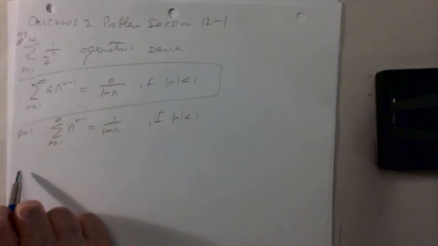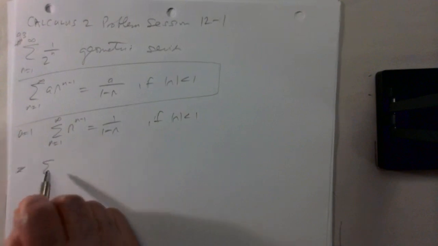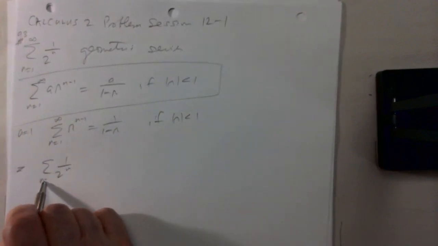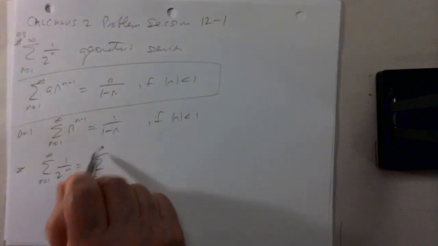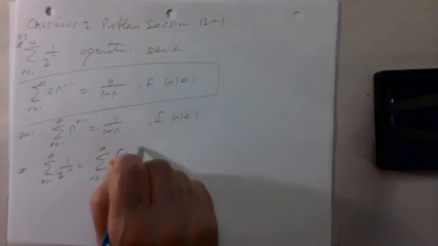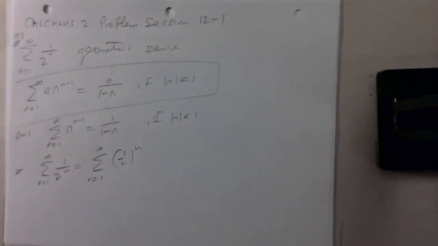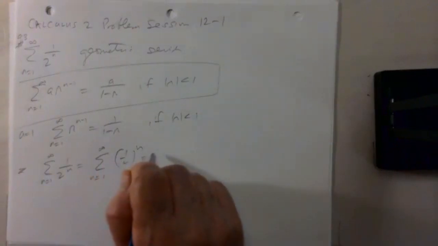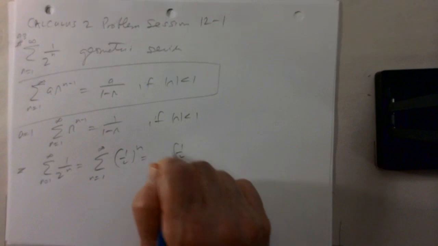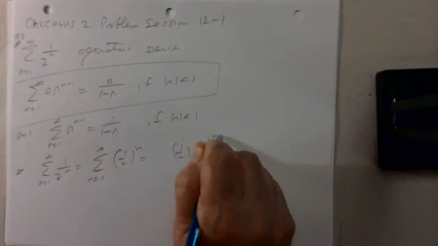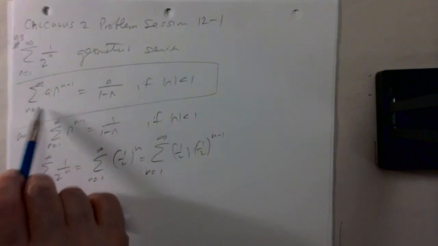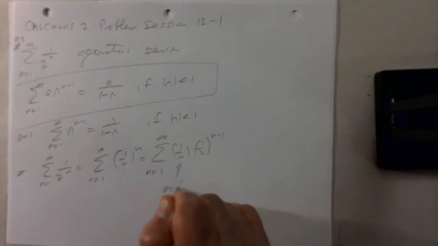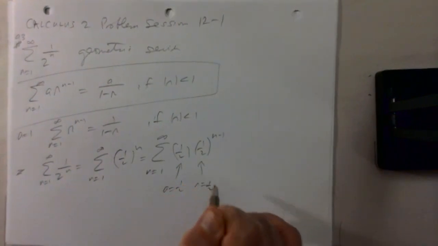So let's look at your series. We have summation 1/2 to the n goes from 1 to infinity. This is really just powers of 1/2. If I write 1/2 to the n as a half times 1/2 to the n minus 1, then this is exactly in this form with a equal to a half and r equal to a half.